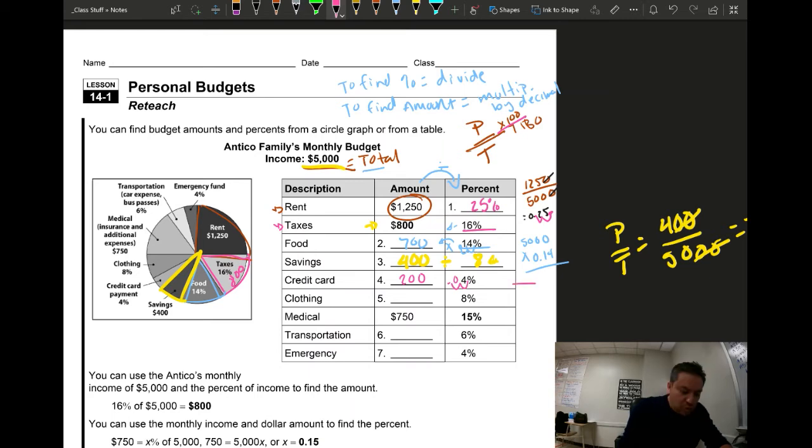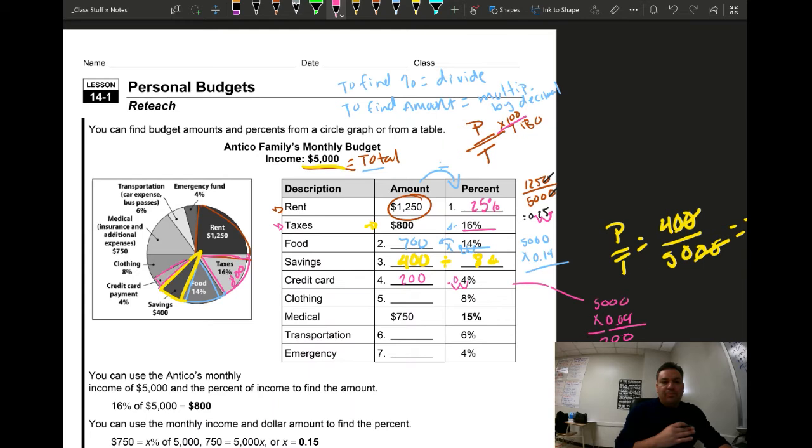So this will be 5,000 times 0.04. When you multiply, you get 200, which is the number that I got. So this one is 200.